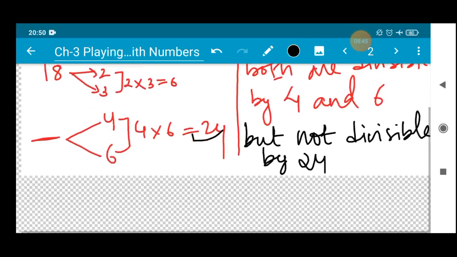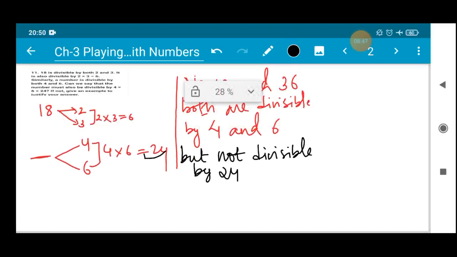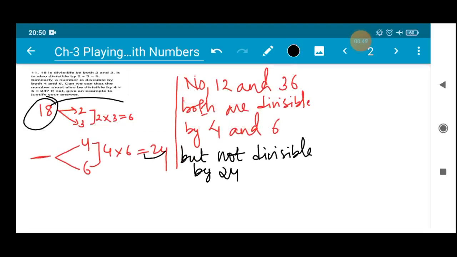Yes, I hope you have understood this. So in the previous sum it was okay, because 6 was able to divide 18. But if I put 12 here, 12 can be divided by 4, 12 can be divided by 6. But can 12 be divided by 24? No, it's not possible, right?